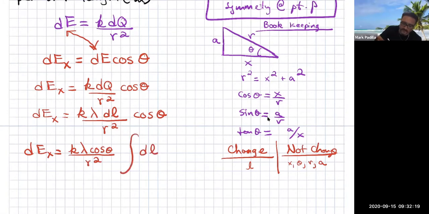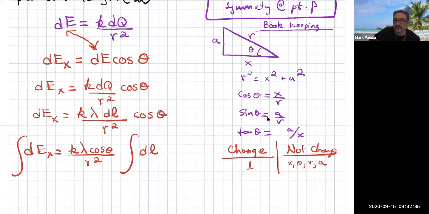And we can integrate both sides now. Well, dl is just a length, the differential length, right? Well, what is that differential length? That's really just a very miniaturized differential arc length.